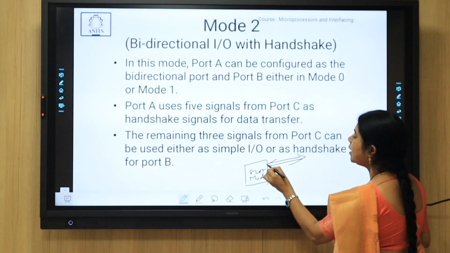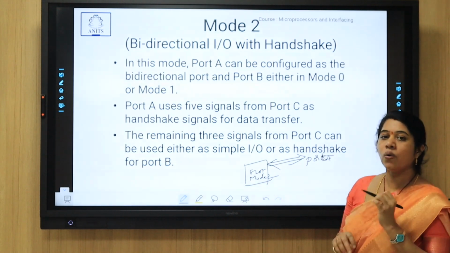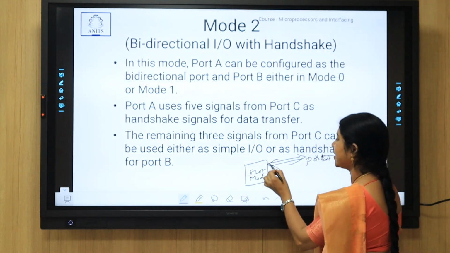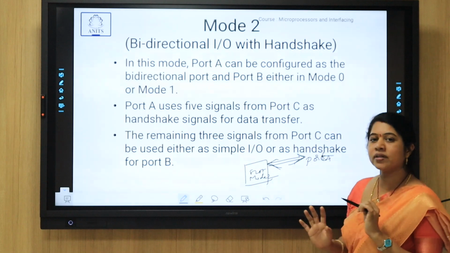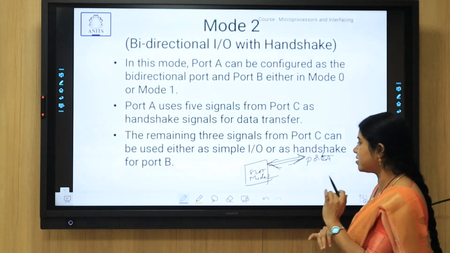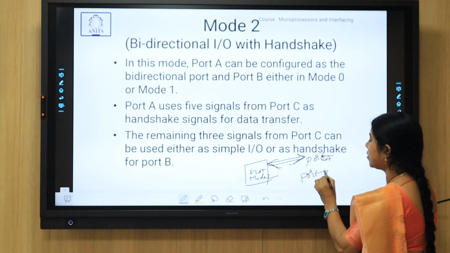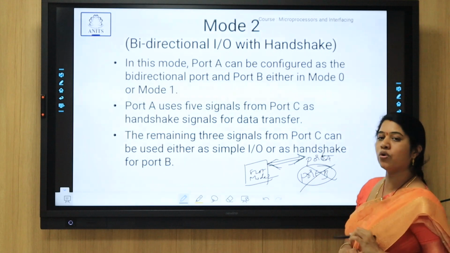Only port A is used for bidirectional data. Means port A is the only port used to receive data or transmit data to the input or output devices. Port B does not have this capability, means port B is not used in mode 2.